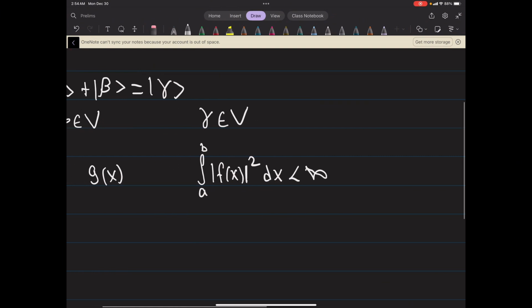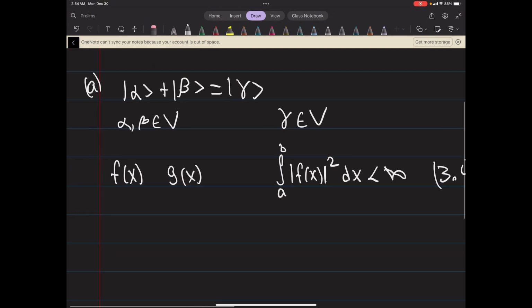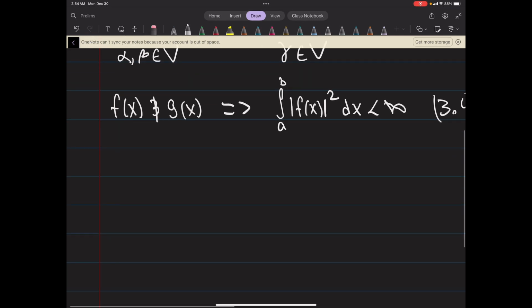This is equation 3.4. And we're going to say f(x) and g(x) both satisfy that condition. Okay? And what we want to show is that f(x) plus g(x), that's also satisfied.